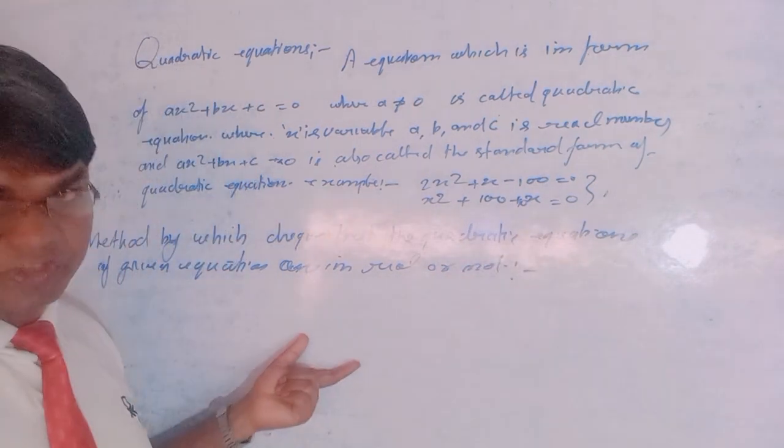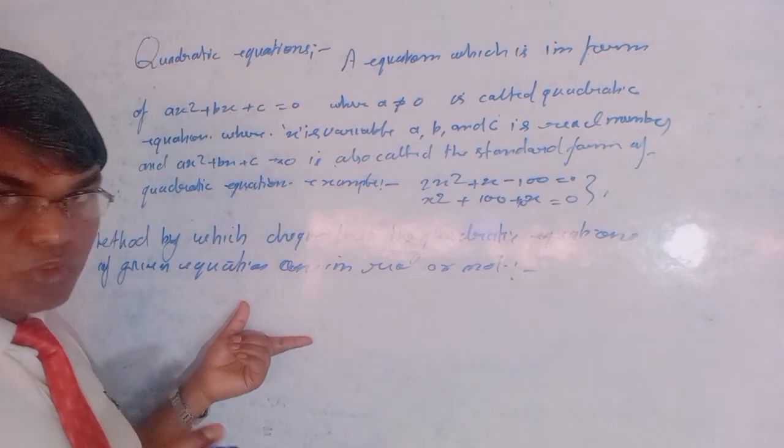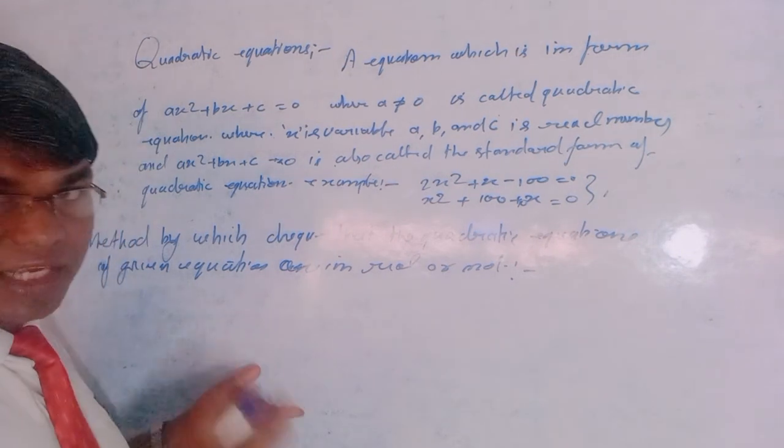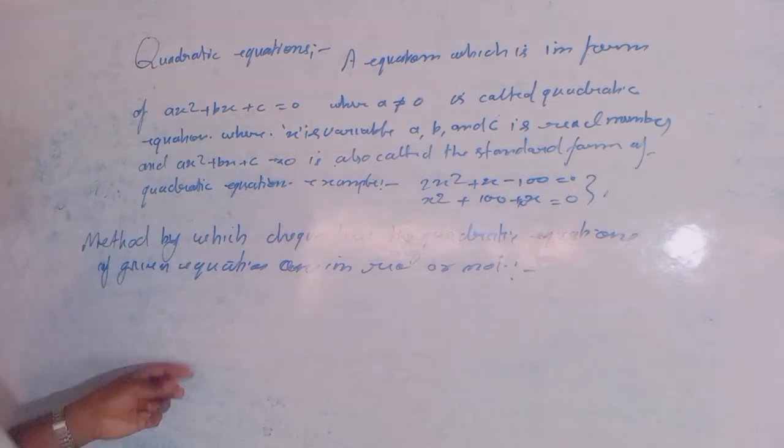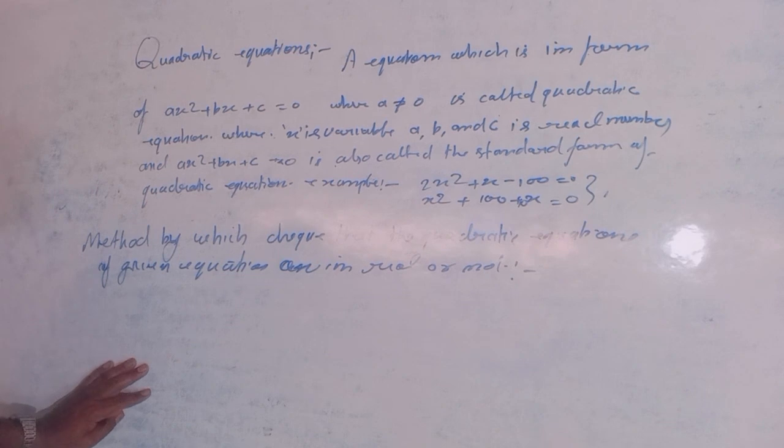We have to check whether the given expression is in quadratic form or not. So first of all, to check whether the given equations are quadratic or not, first write the given equation in simplest form.